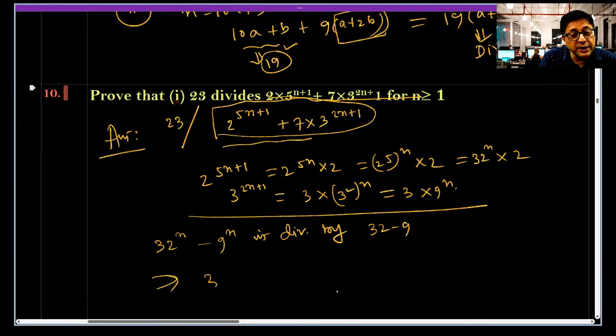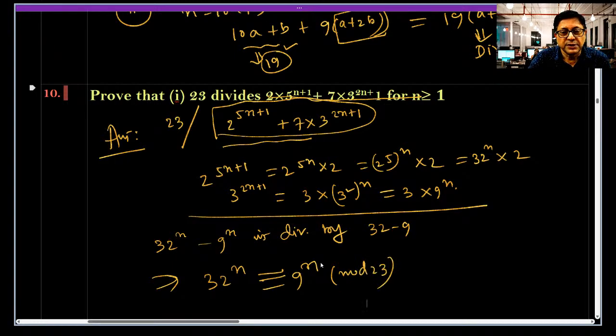So this implies that 32 to the power n is congruent with 9 to the power n mod 23. Is that clear?